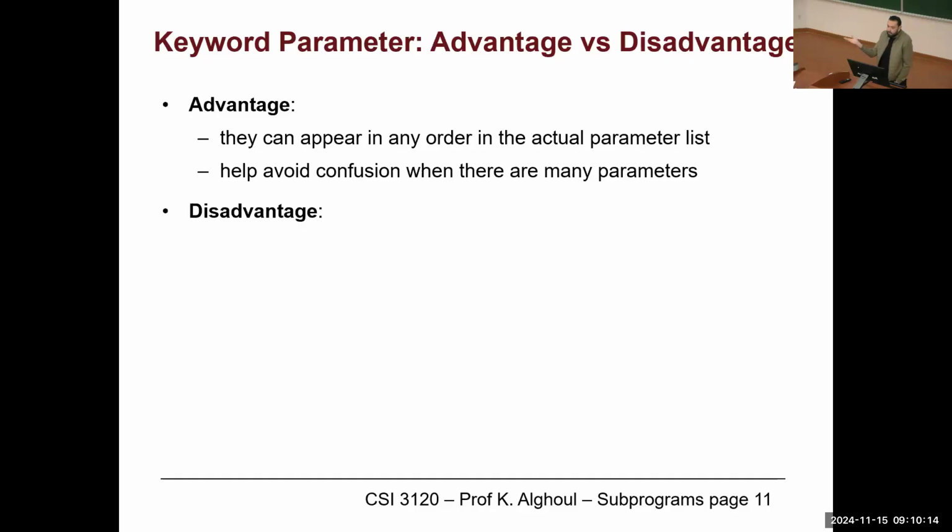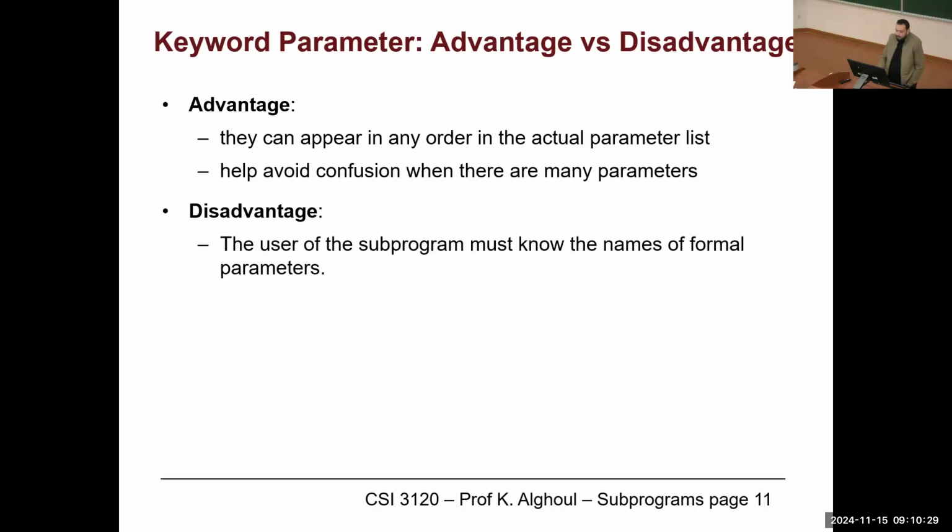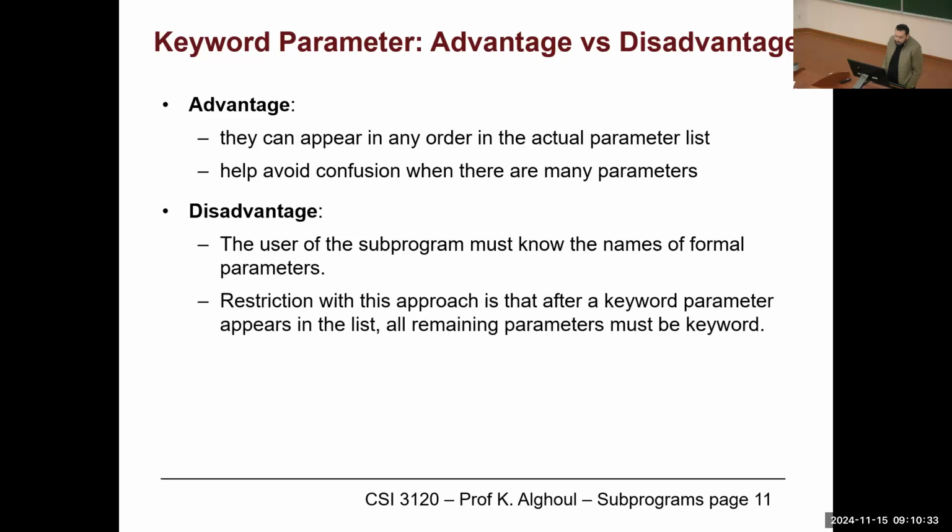There are so many different parameters. Usually in these cases, we have defaults. When you have lots of parameters, they are needed, but some of them are going to be fixed most of the time, so you assign a default for them. But yeah, the user of the subprogram must know the names of the formal parameters.